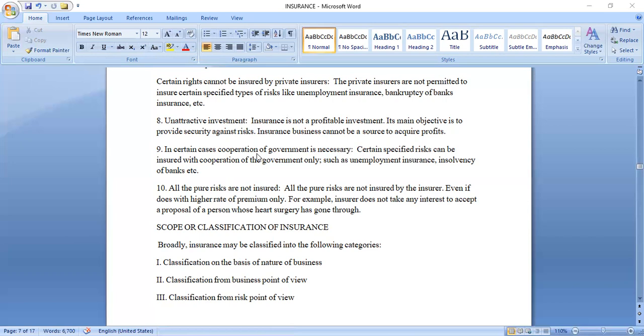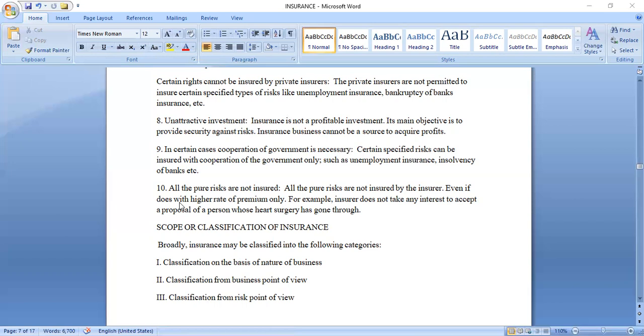For example, insolvency of banks: most of these banks might not insure with private insurance companies, and may not be allowed to, because, remember when we looked at the central banks, we saw that central banks govern the commercial banks, and they have all the information about them. So even private insurance companies, in order to provide insurance for these banks and other financial institutions, have to work in cooperation with the government. So they are limited in that way.